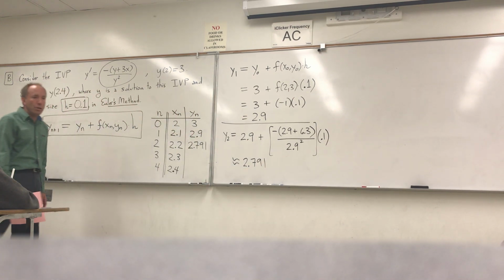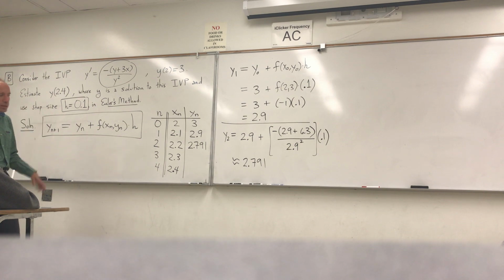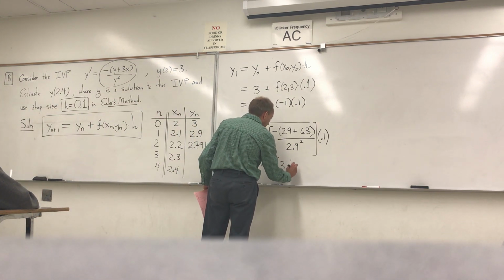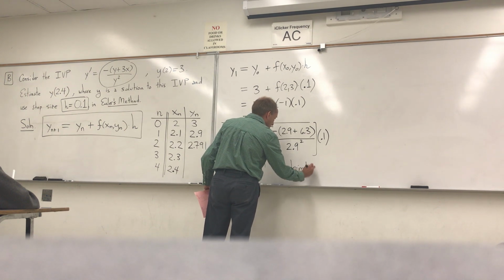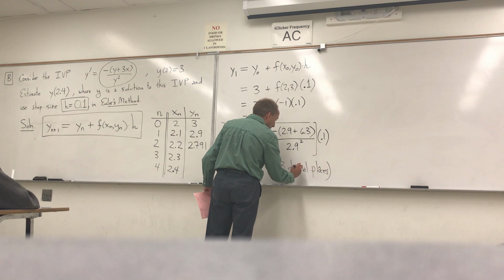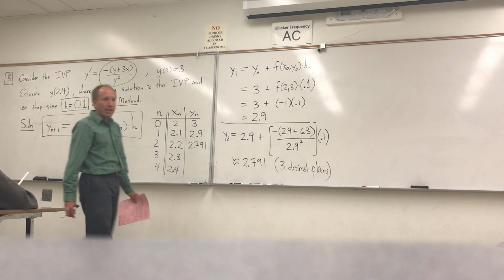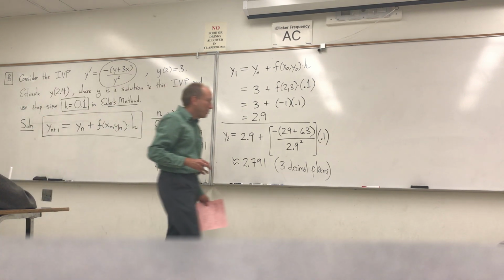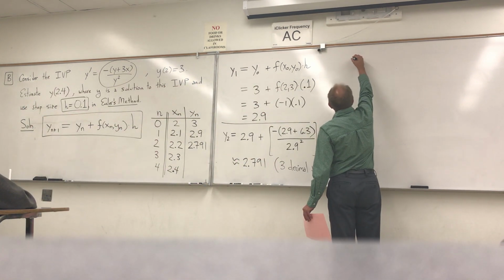But I'll be specific. If I want 3 decimal places, I'll say that. I don't like exam questions where there's ambiguity, and I get as many different answers as I have people taking the test, and grading is a nightmare. So I'll do my best to be specific with you about that.